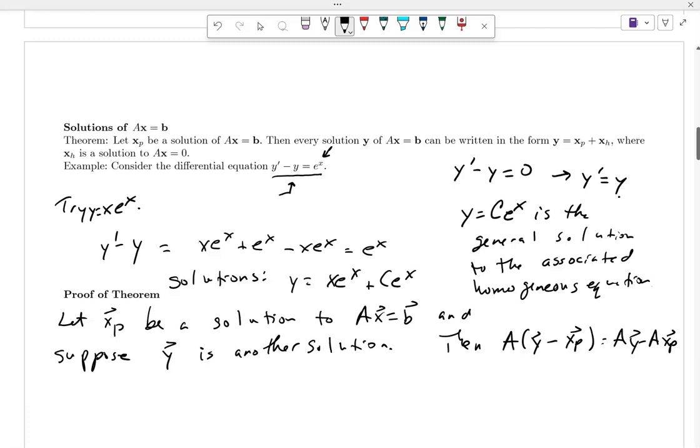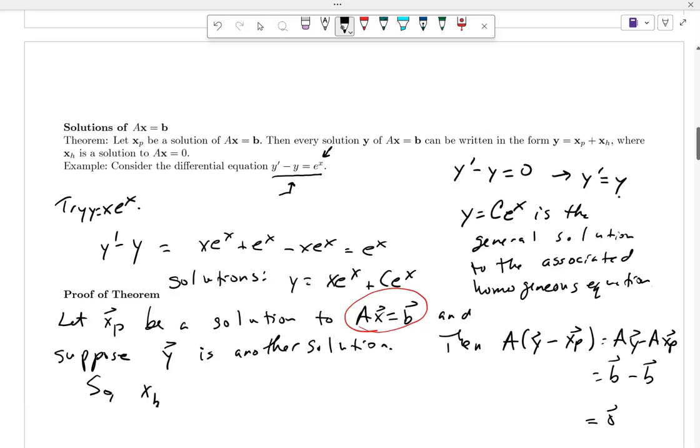Again, both of them are solutions to that system. So if I do A times y, what do you get out? B. When I do A times x sub p, you get b. So I get 0 when I'm done, right?